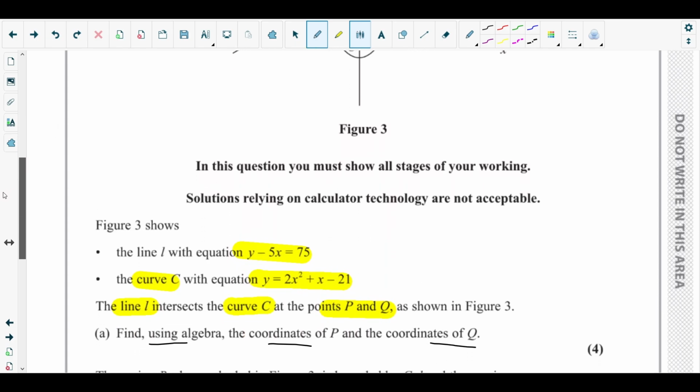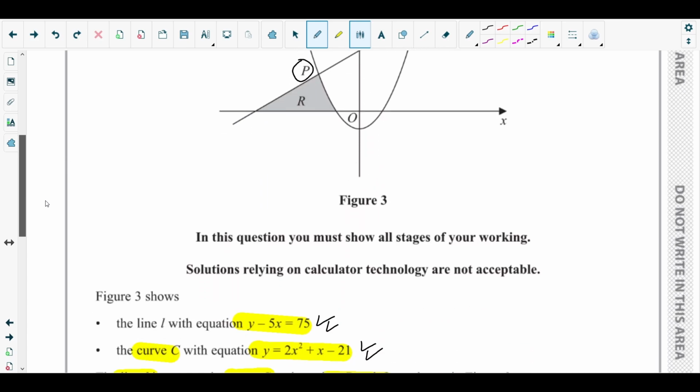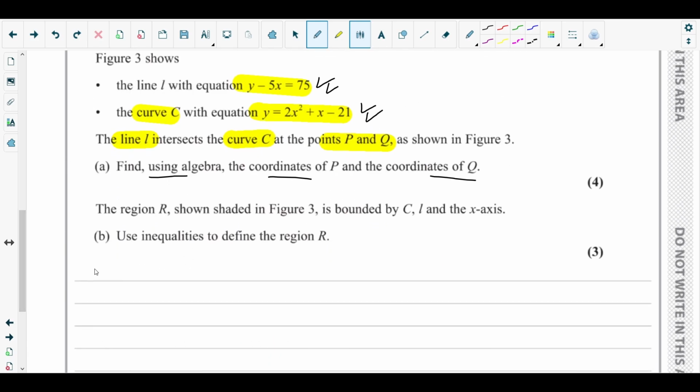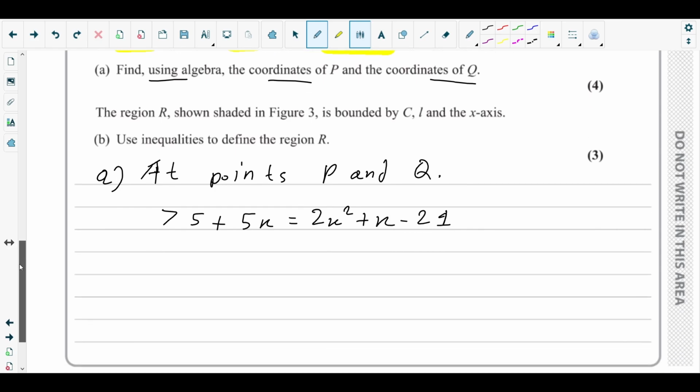The x and y value for this equation would be equal to the x and y value for that equation at points P and Q. That means their y values are equal, so we can equate the two y's at points P and Q. The equation of line L is y equals 75 plus 5x, and the equation of curve C is twice x squared plus x minus 21. So their two y values are equal.